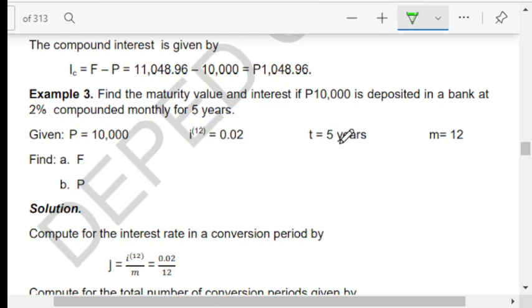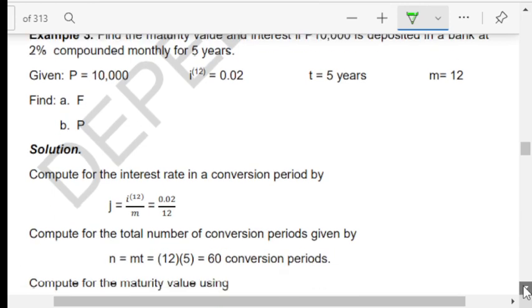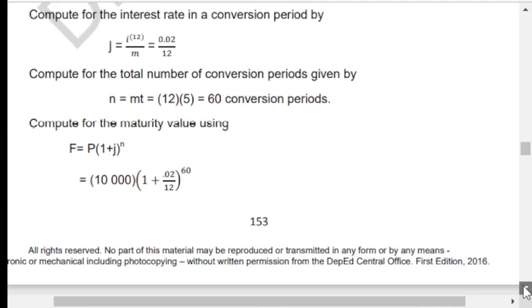Then the time is still 5 years, but the conversion period now is 12. So we are going to find F and the interest. So before finding F, we need to find the j first and the n. So j would be the rate of 0.02 divided by 12. And then your n is equal to 12, your conversion period, times 5, the number of years, so therefore we have 60.